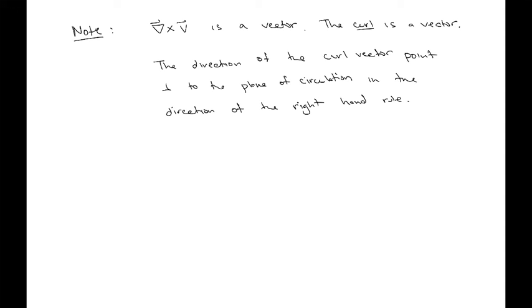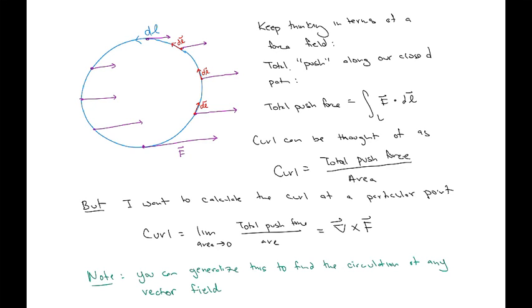So that should help you figure out which direction the curl should point. If I was looking at this particular example here, the circulation would be counterclockwise. So if I wrap my fingers around, my thumb would point out of the page. So in this case, the curl is out of the page.